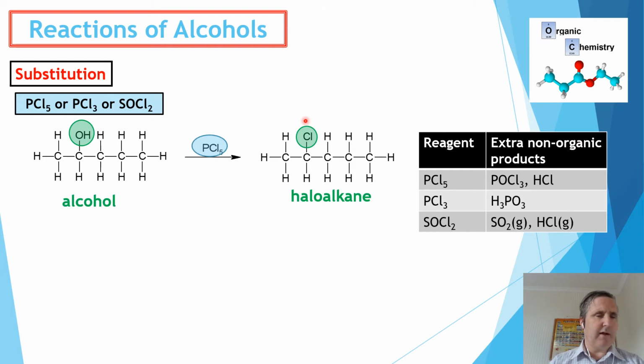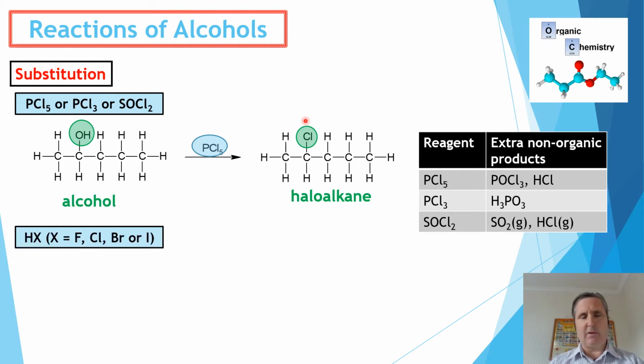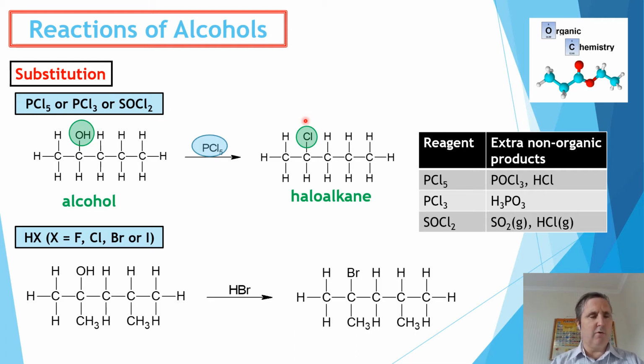We can also carry out this substitution reaction with a hydrogen halide, like hydrogen chloride, hydrogen fluoride, hydrogen bromide, or hydrogen iodide. You can use any one of those and add it to an alcohol. When you add those to the alcohol, the halogen adds to where the OH was.